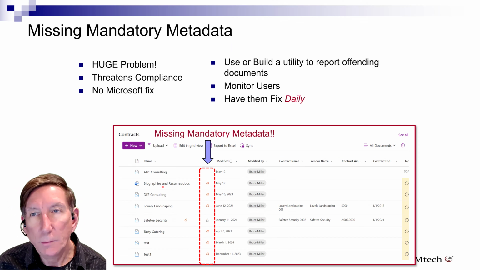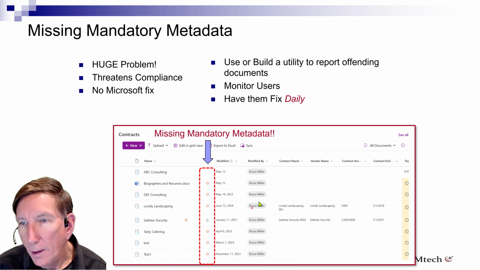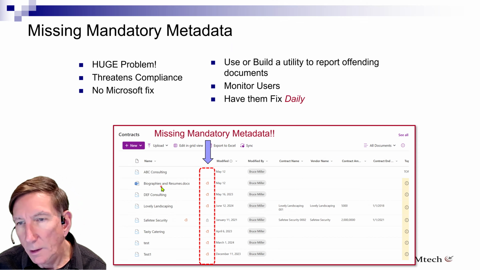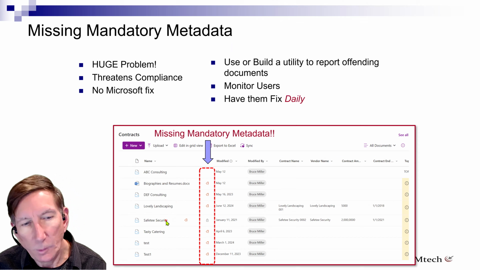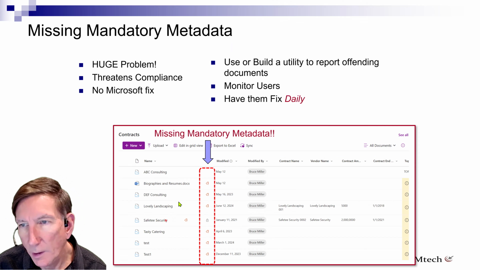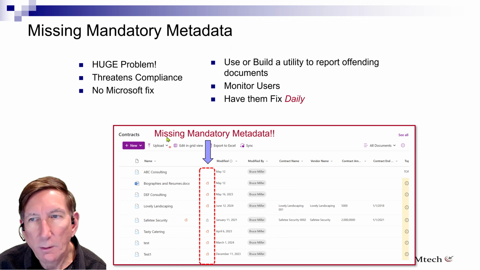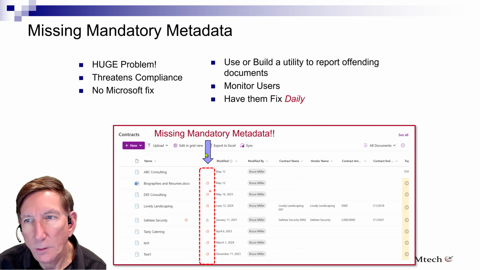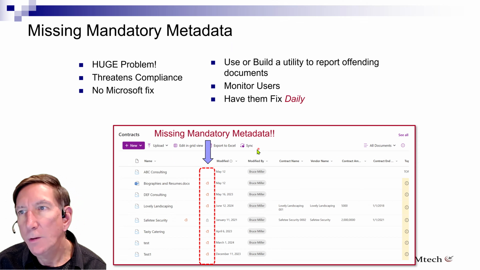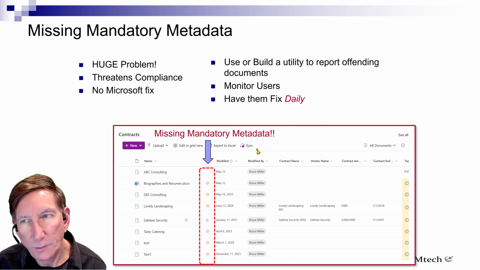So it threatens compliance, okay? And also it prevents search and retrieval. It makes it almost impossible to build workflows based on those documents. So one way or the other, hook or by crook, you've got to get that mandatory metadata filled in. There's no real out-of-the-box fix for that.